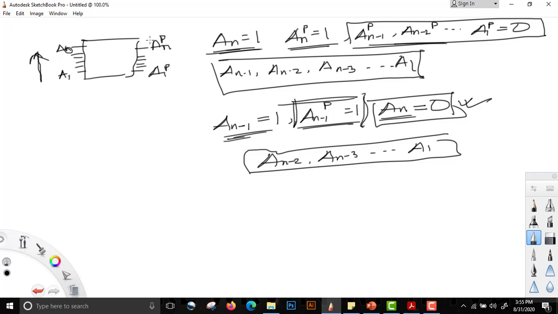Now when we want to design this logic, again we can see that the number of inputs stated is AN, that is, the number of inputs has not been specified. So as a result, we have to design something which is generalized. We have to make a generalized design.